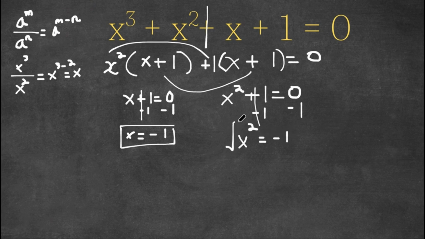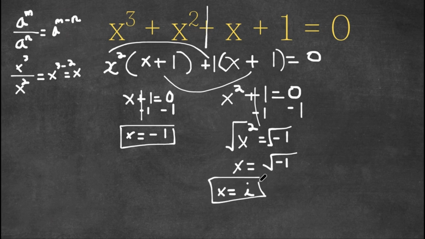Now, if we take the square root on both sides, we get x equals the square root of -1. And the square root of -1 is actually equal to i. So i is also a solution. So our two solutions are x equals -1 and x equals i.